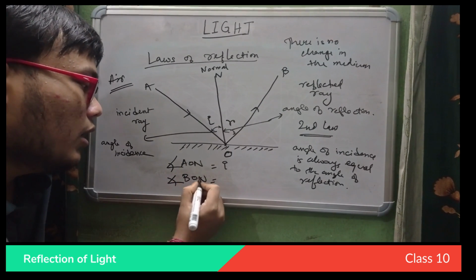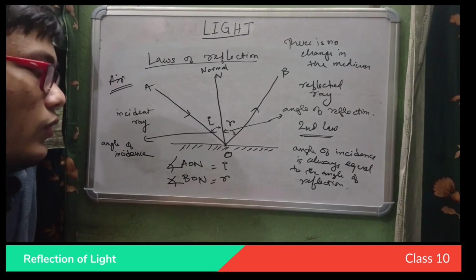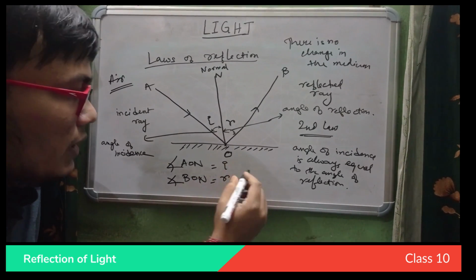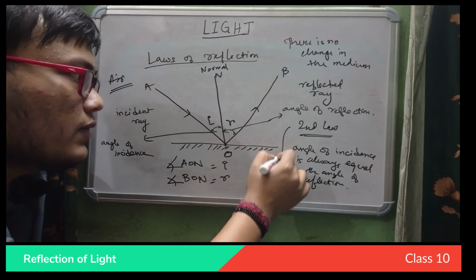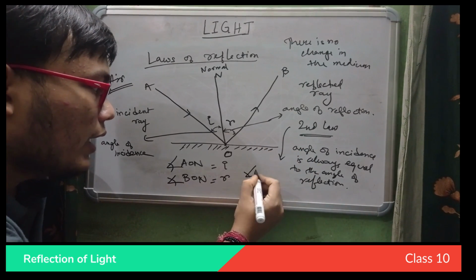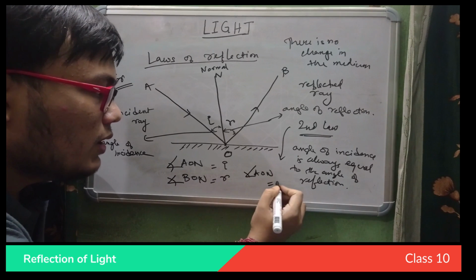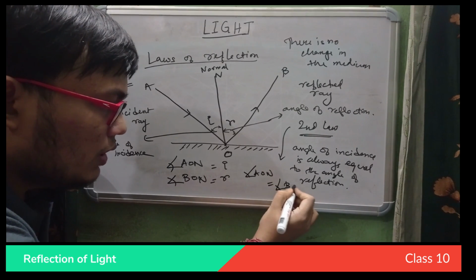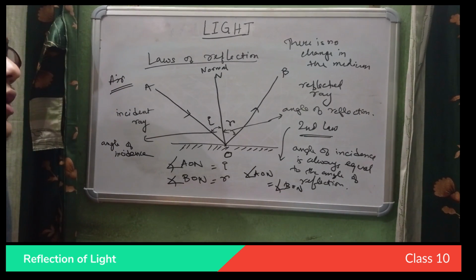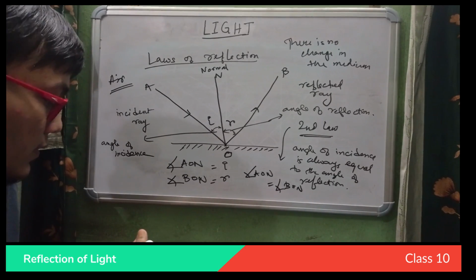So the second law states that angle AON should always be equal to angle BON.